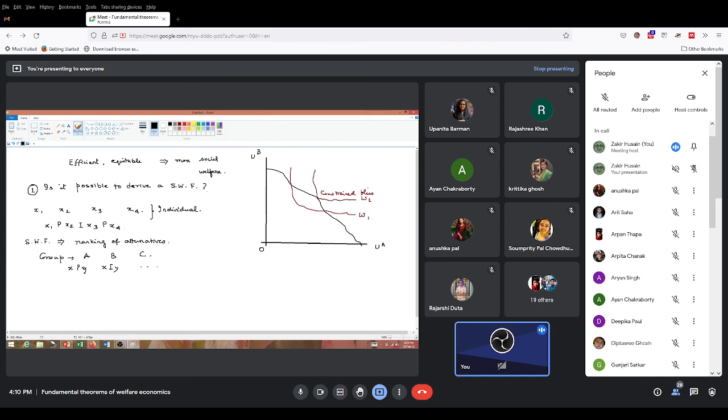Can I aggregate the individual preferences to form a collective or group preference? This is what is called the possibility question, on which Arrow, Sen and others have worked.